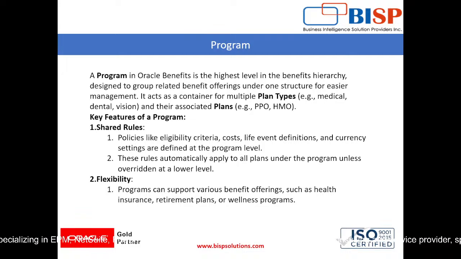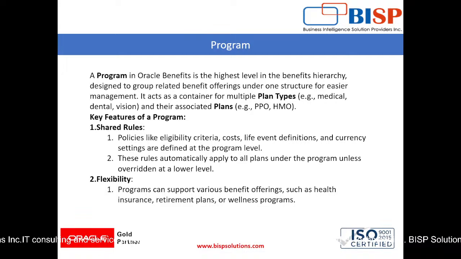So once you apply any eligibility criteria, cost, or life event at the program level, by default all the lower levels in the hierarchy will get these rules applied. So this is the key feature of a program, which means it is shared.